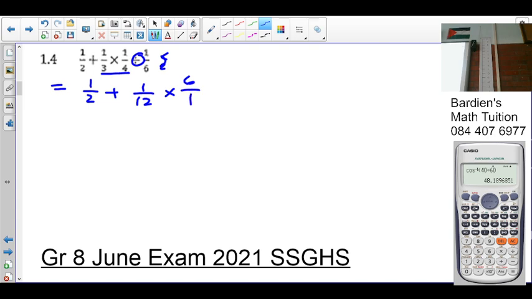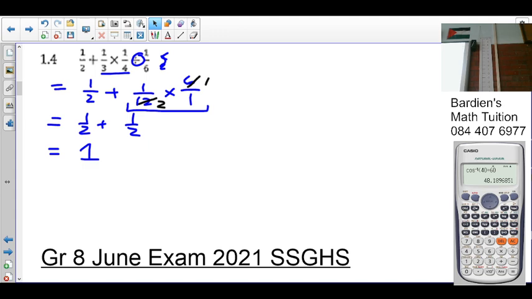Or I could have just swapped the 6 over 1 around and then simplified everything later on. So that needs to be done first. So it's going to be half plus, 6 goes into 6 once, 6 goes into 12 twice. People, what's half plus half? 1, or 2 over 2, which is 1.